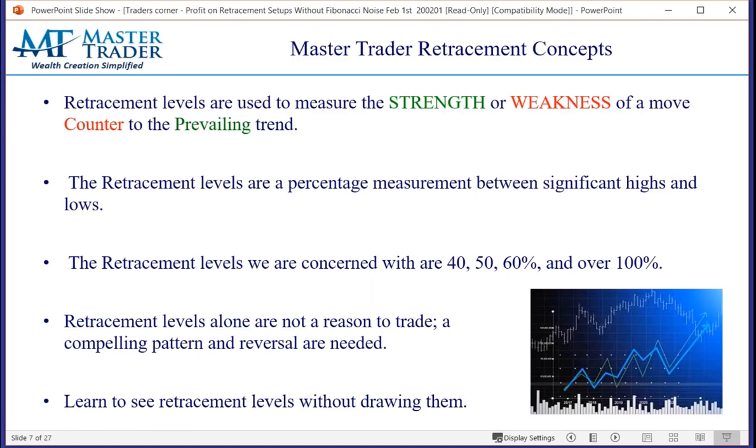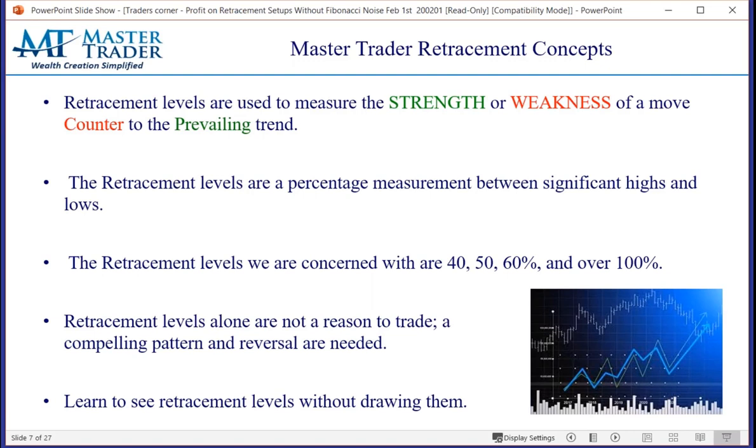What is retracement and what does it mean? Well, we're going to use the retracement levels to give us this information. They are going to show us in very simple ways, again, without Fibonacci, the strength or weakness of a move counter to the prevailing trend. So a retracement. The amount of the retracement, and we're going to eyeball it.